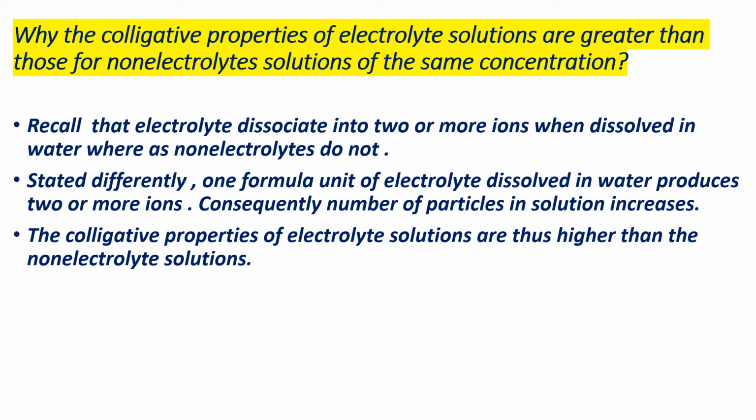Why are the colligative properties of electrolyte solutions greater than those of non-electrolyte solutions of the same concentration? That is the simple question you have to ask. The reason is that electrolytes dissociate into two or more ions when dissolved in water, whereas non-electrolytes do not dissociate.